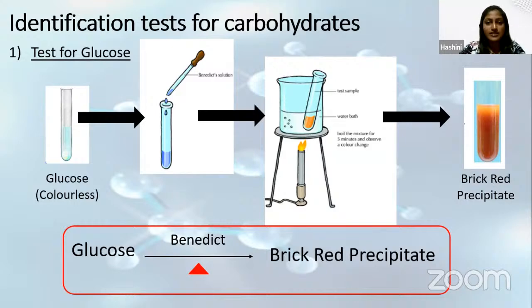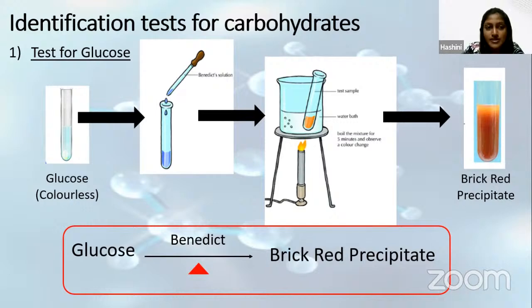First, we take a food sample which contains glucose. We can take glucose itself and dissolve it in water to make a solution.